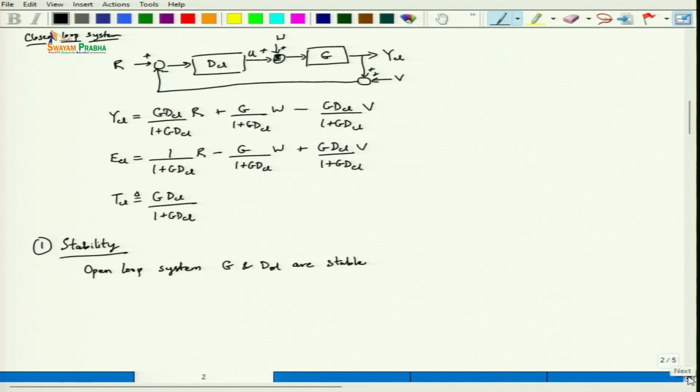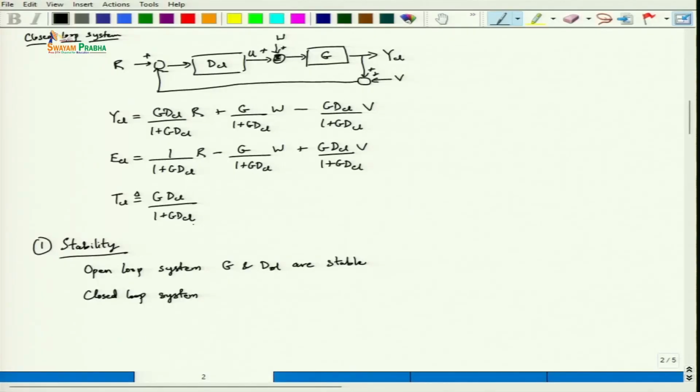Now, coming to the closed loop system, for stability it is necessary that we look at this TCL and ensure, as we discussed in the last class, that its poles are in the left half plane.